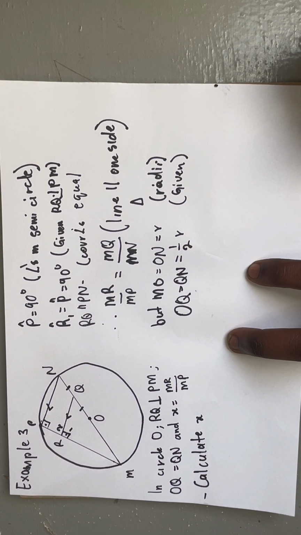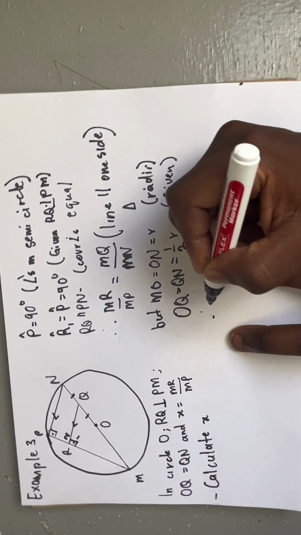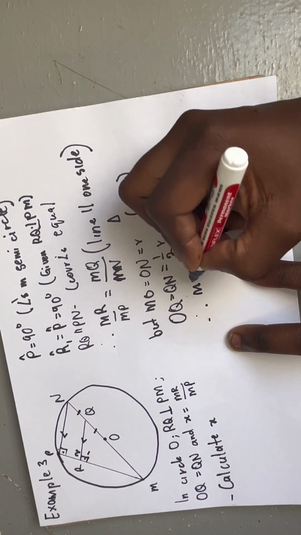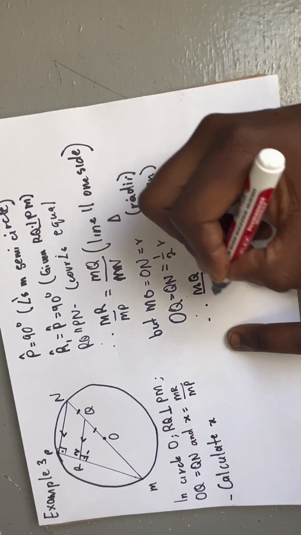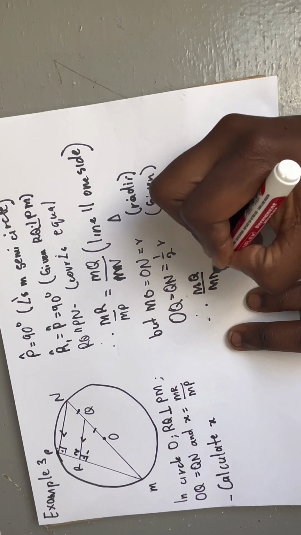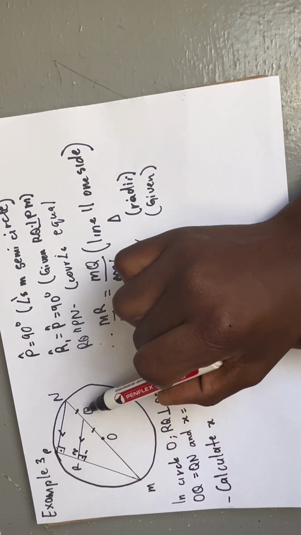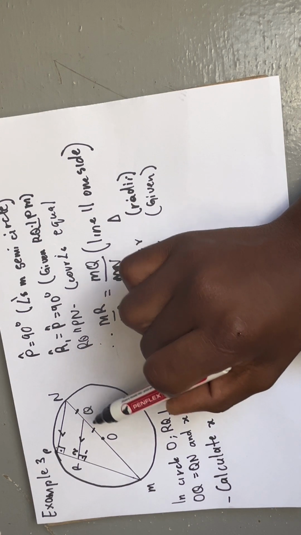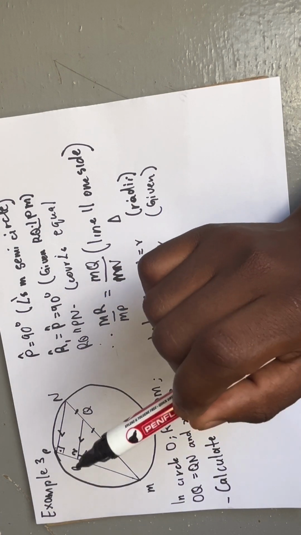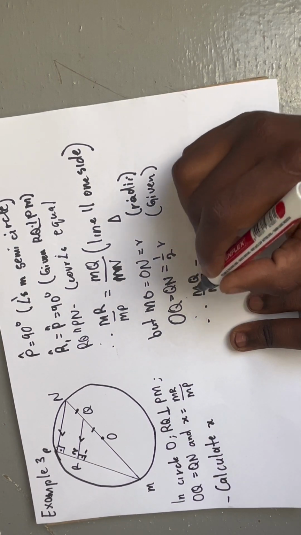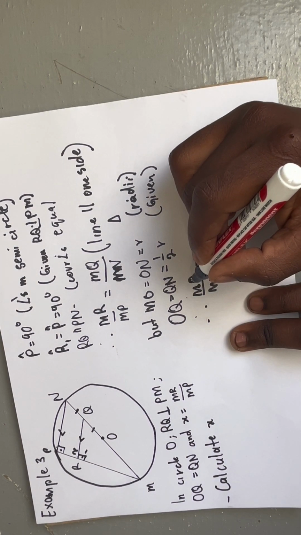And then after that, you can come back and say, all right, therefore let's see your MQ over your MN. What was your line MQ?